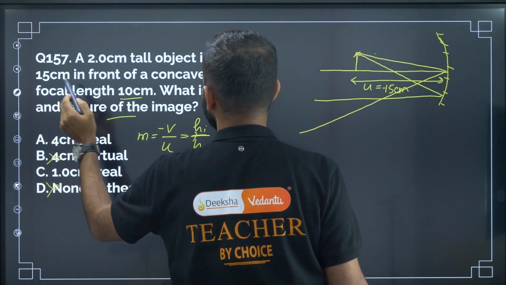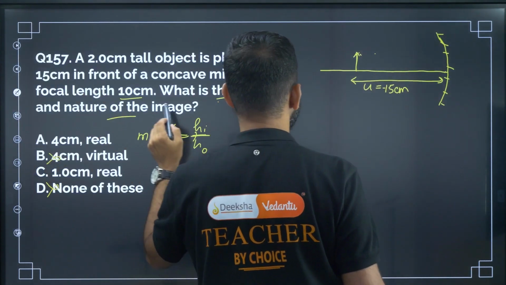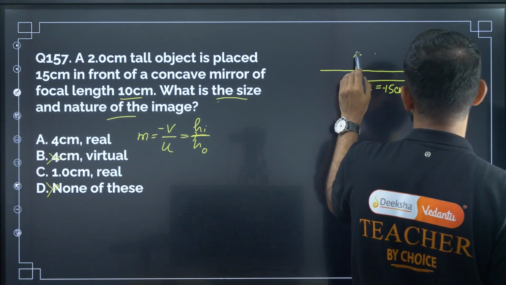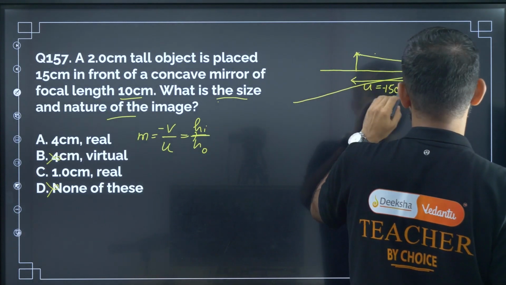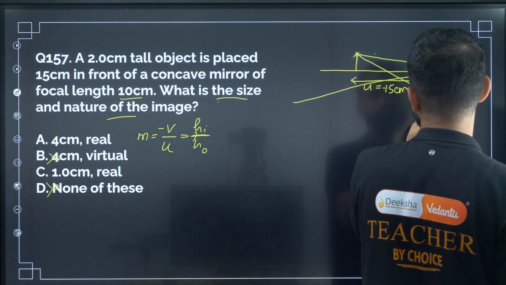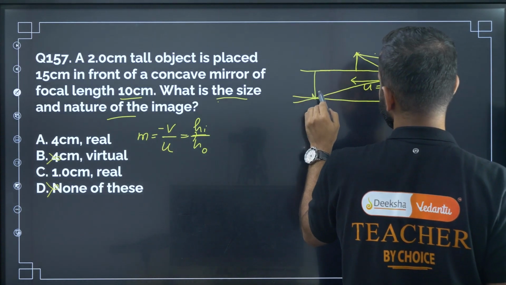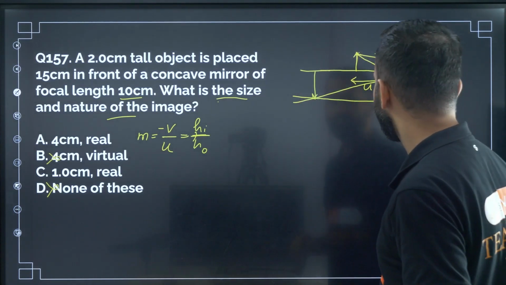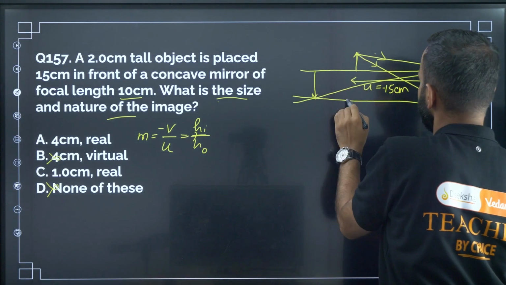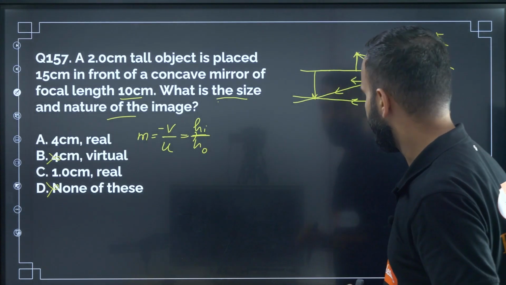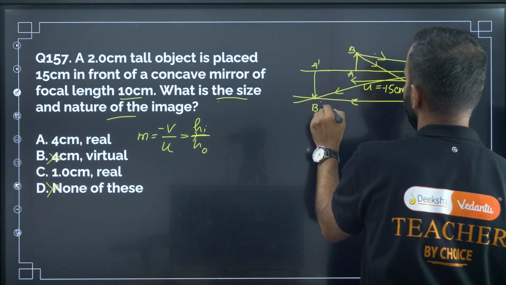Here the first ray, right? Okay, and then the second ray. Okay, somewhere here the image will form, right? Okay, now let's draw the arrows. Yeah, now this is AB, and A dash, B dash.